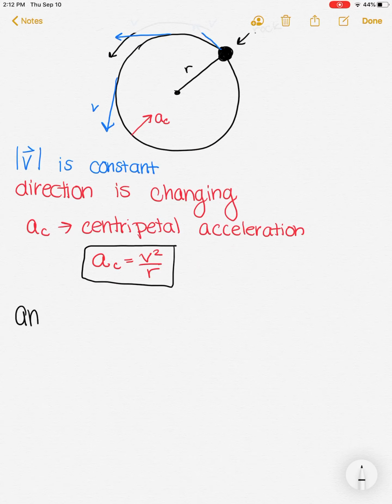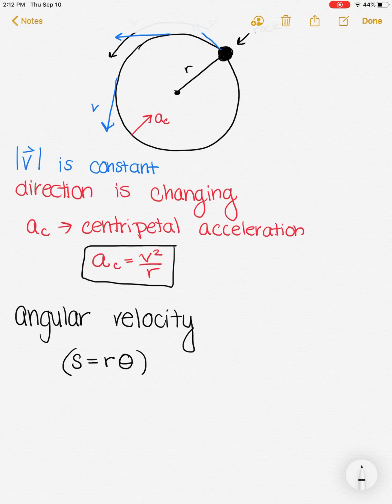So we can also talk about angular velocity. So we know that our arc length is equal to r times theta.